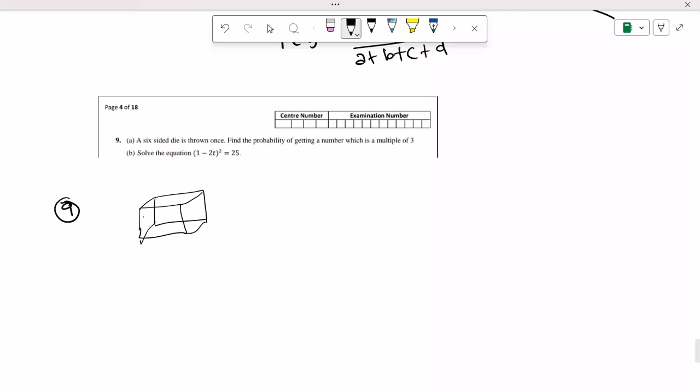It has sides 1, 2, 3, 4, 5, like bottom, top, then this, and that other side 6. So it has 6 faces.